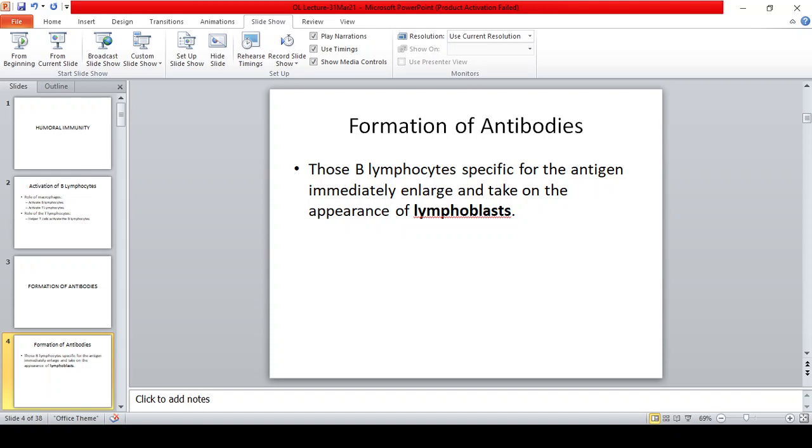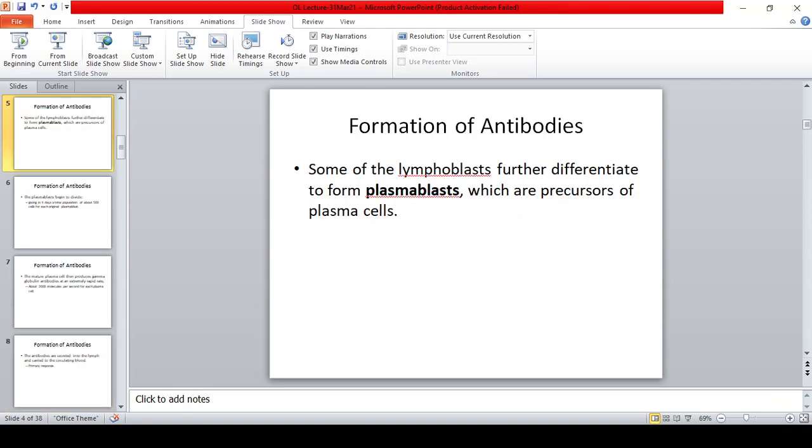So the next step is the formation of lymphoblasts from the B lymphocytes once they are activated. Some of the lymphoblasts are further differentiated to form the plasmablasts, which are precursors of the plasma cells.